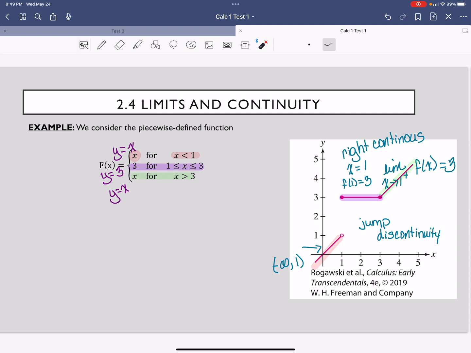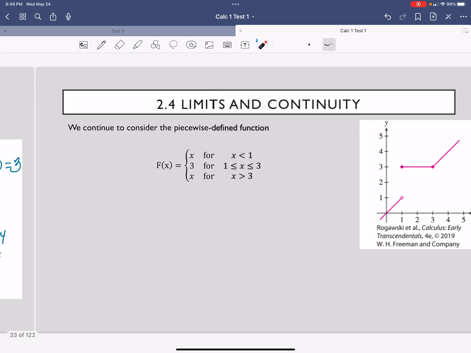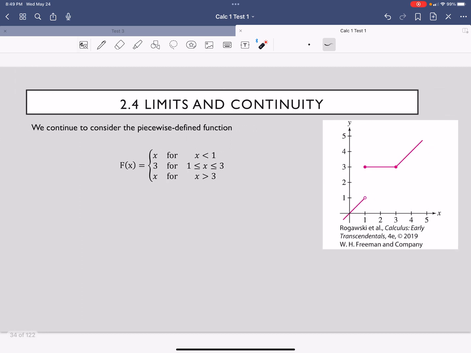So let's look at another one. Oh, it's actually our same graph. So at x equals 3, we have our function. We're going to look at the limit of f of x as x approaches 3 from the right.